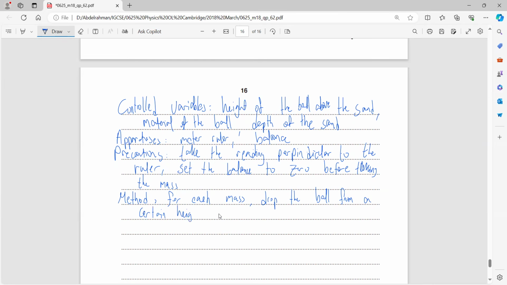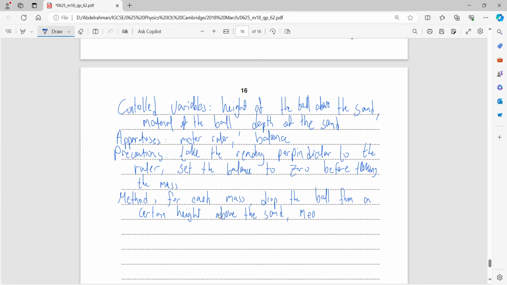If you want to state the height, it would be okay. For example, if you want to drop the ball from a height of 80 centimeters above the sand, that would be okay. Drop the ball from a certain height above the sand.